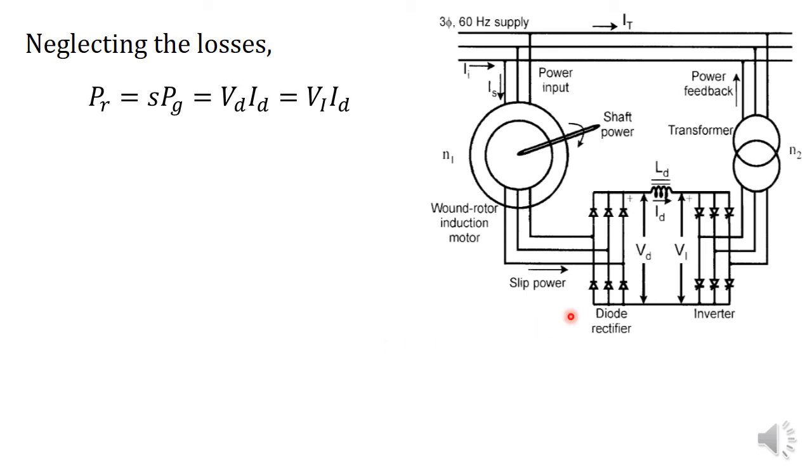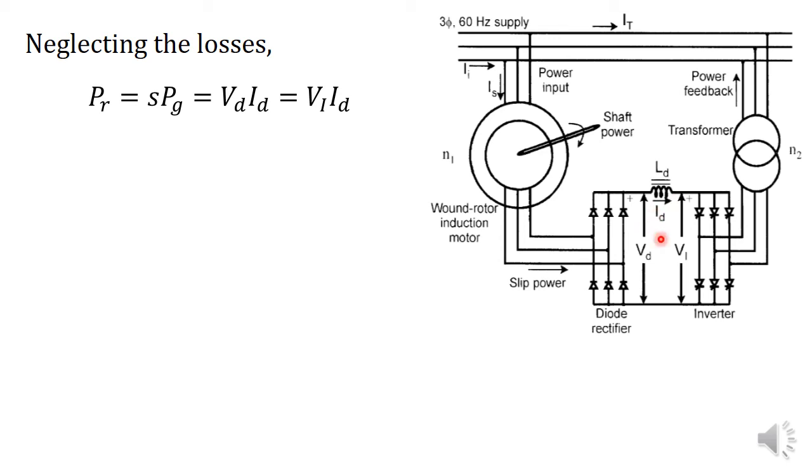Next, let's write the expression for the torque developed. For that, let's neglect the losses. So the slip power PR, we know, is equal to S PG, and that is the slip power coming here, which is rectified and passed through the DC link.